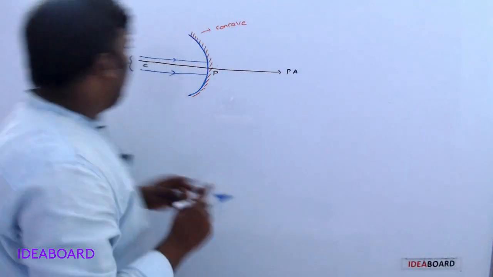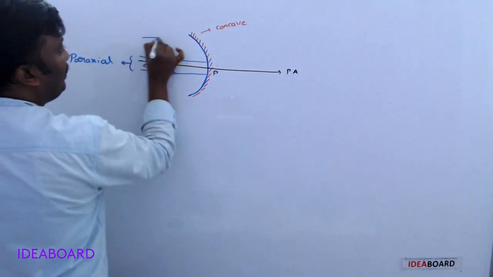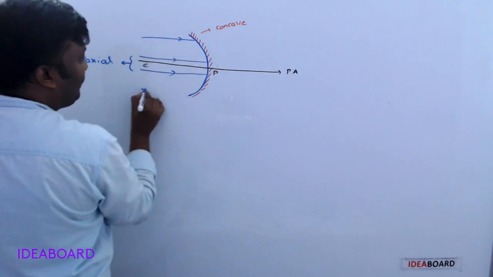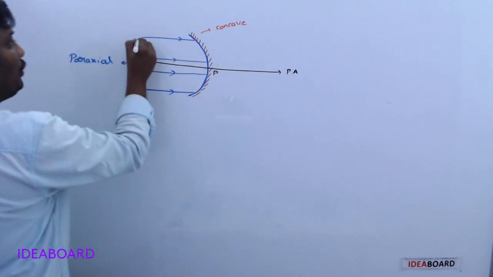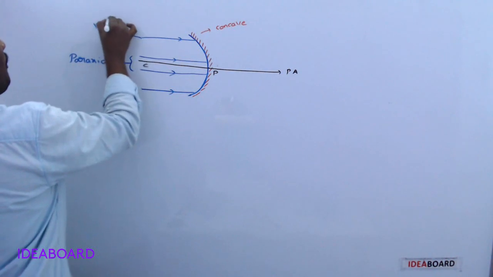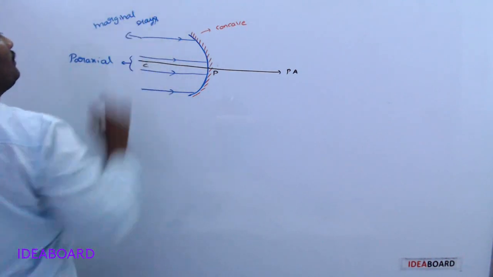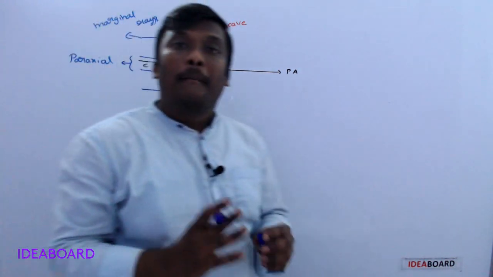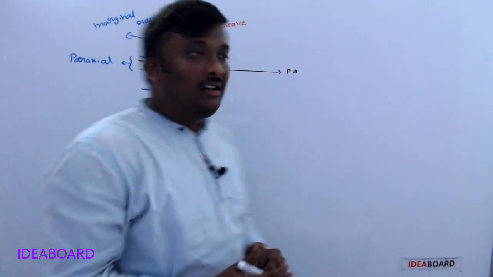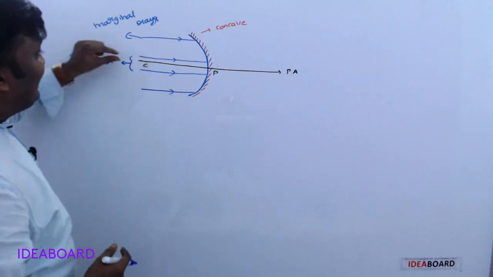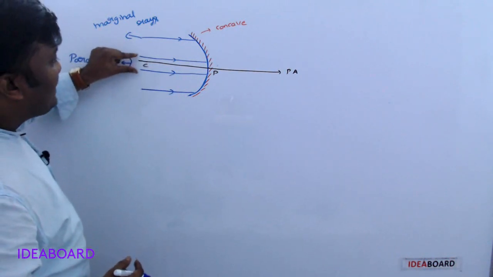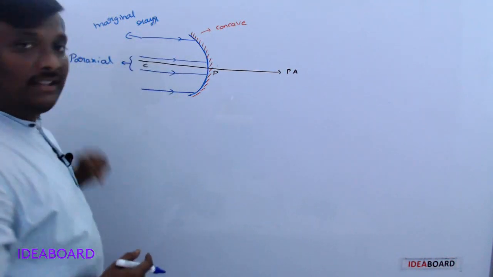Some rays may be far away from the principal axis. Those rays are called marginal rays. So what are paraxial rays? The rays which pass very near to the principal axis.